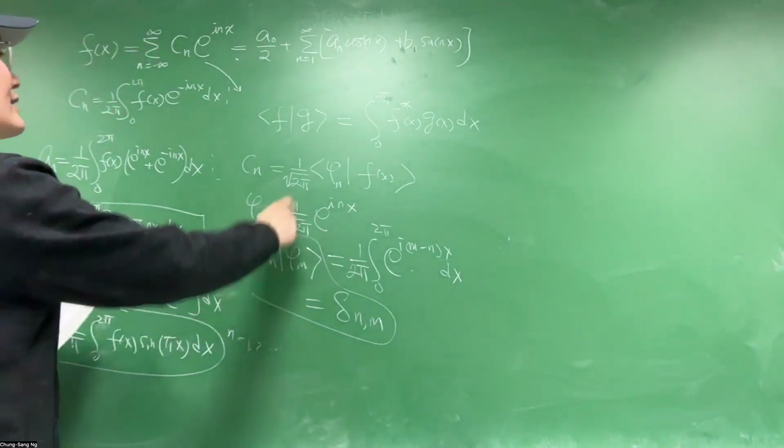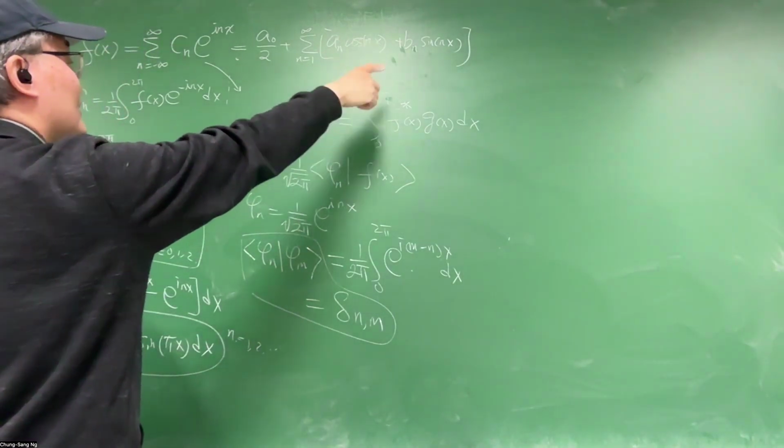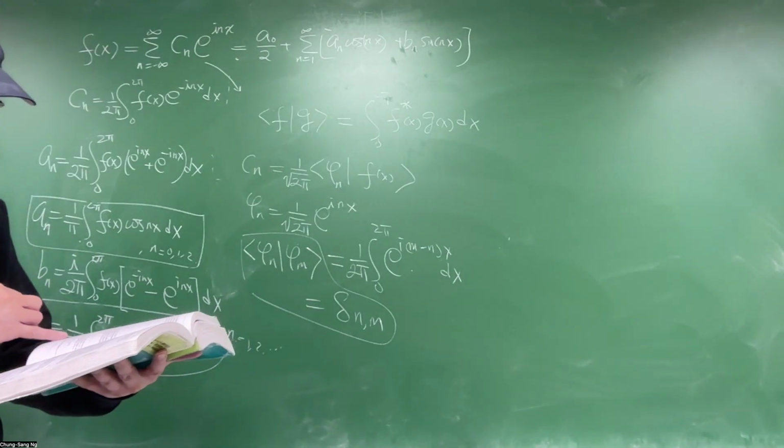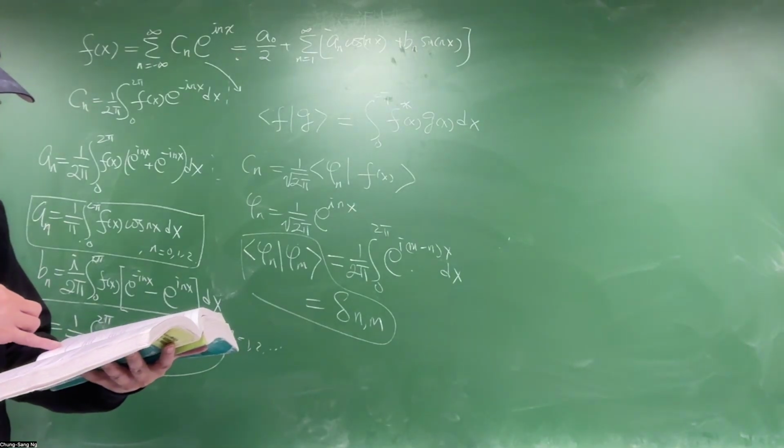And likewise, you can write down the same orthonormal condition for the cosine and sine. I think your textbook chooses phi differently for the sine and cosine series.